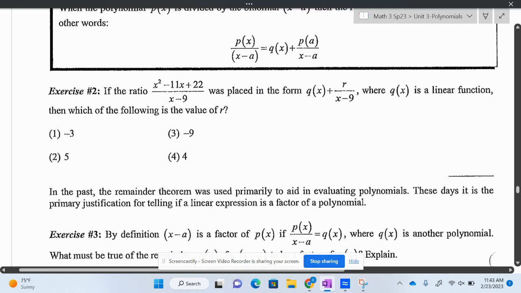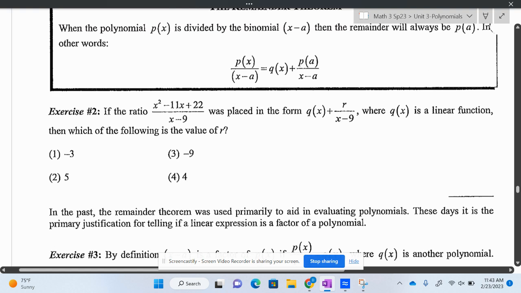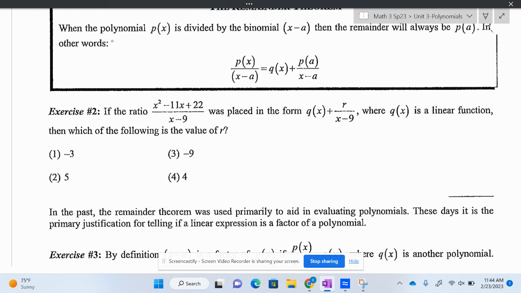if it is divisible. So the first question says, if x squared minus 11x plus 22 all over x minus 9 is placed in this form, meaning it says, hey, I want you to divide it. Tell me what the quotient is and what the remainder is. This is the quotient. This is what you get when you divide it. We're trying to solve for the remainder.